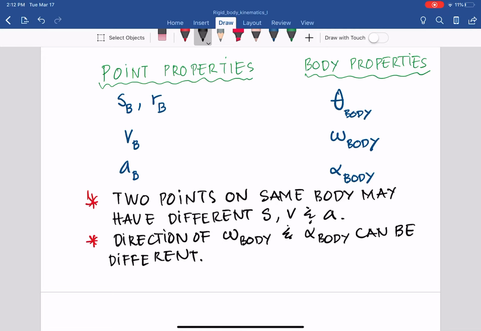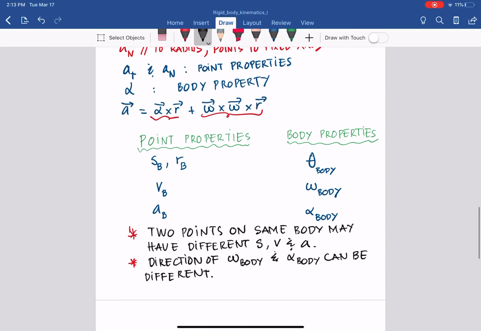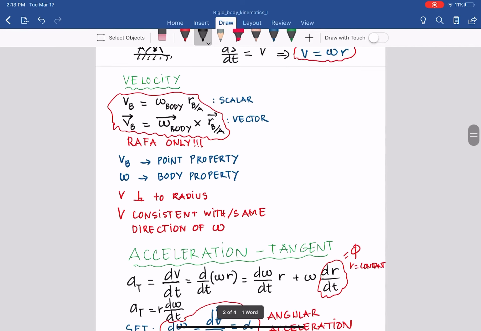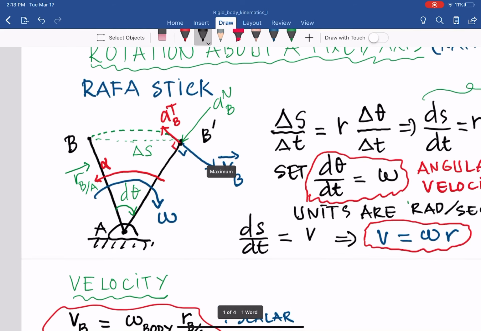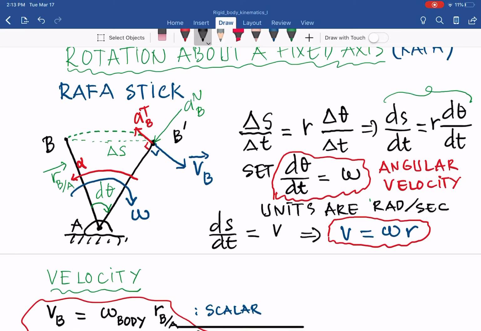So the direction of omega body and alpha body can be different. Just like in acceleration, if a vehicle or a car accelerates, then the tangential component of the acceleration will be in the same direction as the velocity. But if it decelerates, or decreases in speed, then it will be opposite. Same here. If we go back to the Rafa stick again, you see, in this case the body AB decelerates, so omega is clockwise and alpha is counterclockwise.